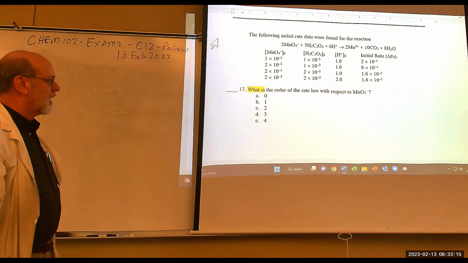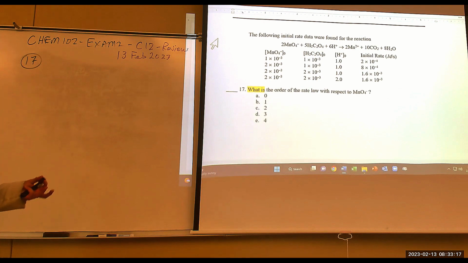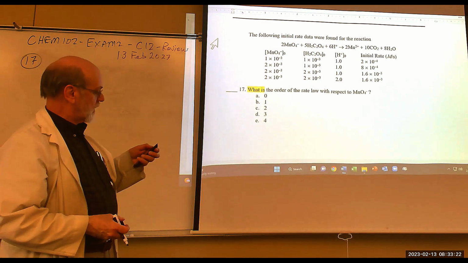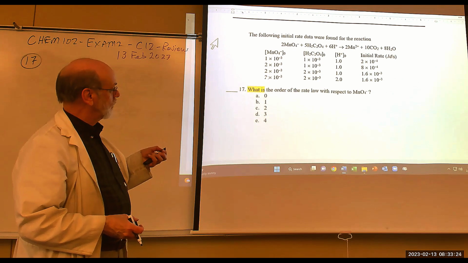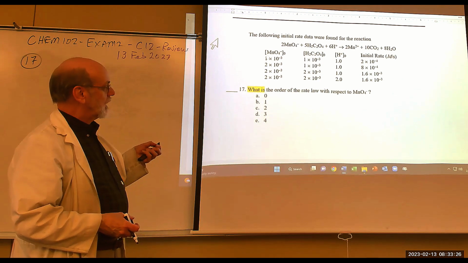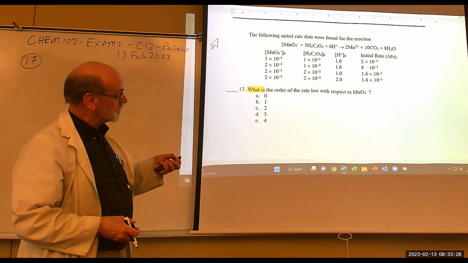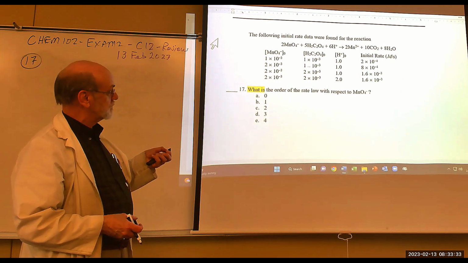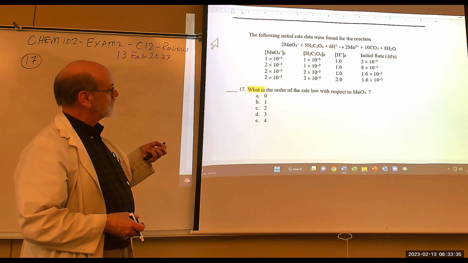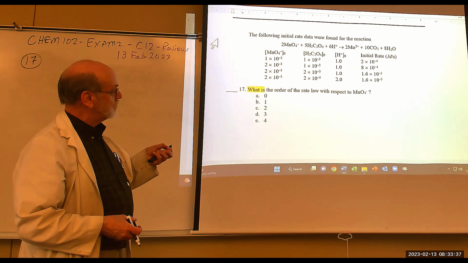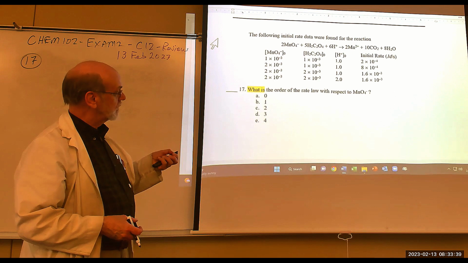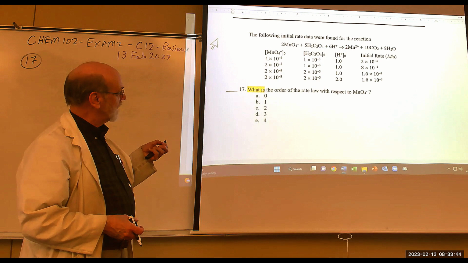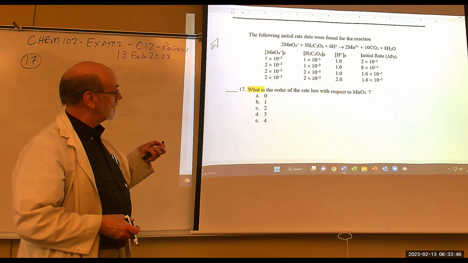What's the order of the rate law with respect to MnO4? All right, so here we have 4 experiments: 1, 2, 3, 4. Independent experiments give us different rates, and some are different concentrations, they vary. But we have some of these experiments where we have matching concentrations here and here, but we allow the manganate ion to vary here.